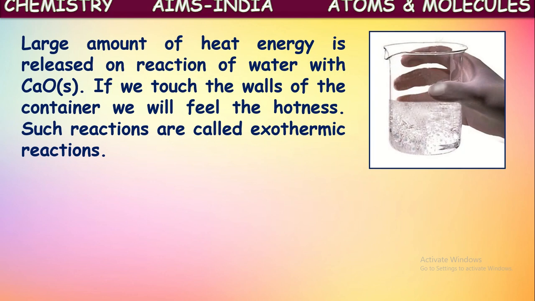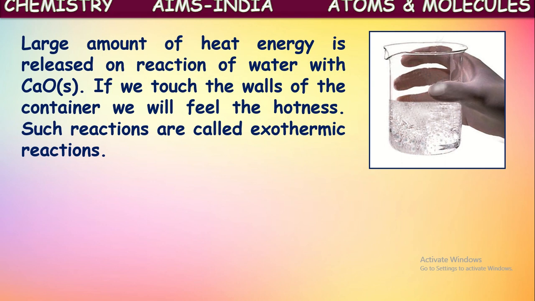So a large amount of heat energy is released in this reaction also when calcium oxide reacts with water. In the formation of calcium hydroxide, an enormous amount of energy will be produced in the form of heat here also. If we touch the container in which we did this reaction, we feel that hotness. So what we can observe from that is, as it is hot, heat energy is evolved.